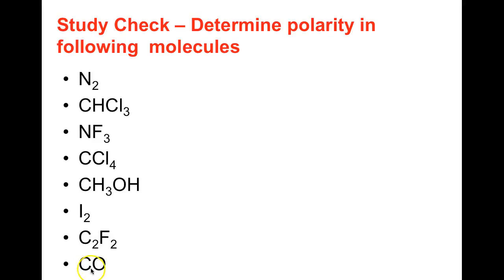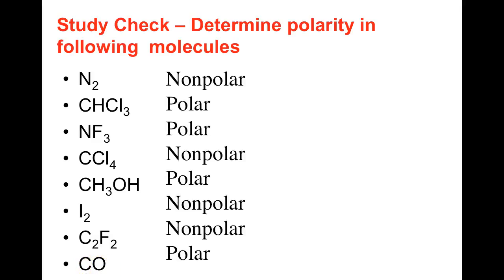CO, there is only one dipole towards oxygen, so this is going to be polar. As for the linear molecule, the two dipoles are canceling each other out, and therefore it is non-polar. So nitrogen, I2, when you have diatomic molecules with similar atoms, of course the bonds are nonpolar, so it's going to be nonpolar.